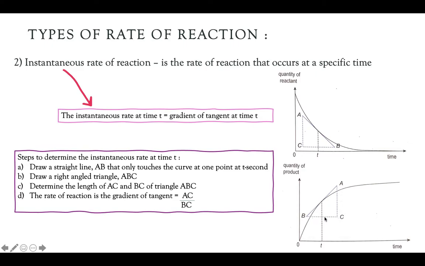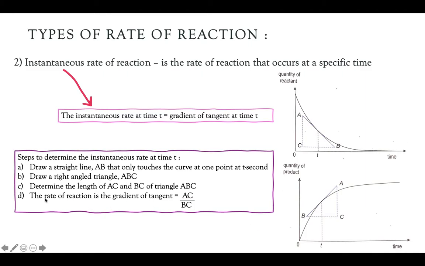So, kita gunakan kaedah determine the coordinate for B and determine the coordinate for A. So, let's say ini adalah X1 and Y1, while this coordinate for A is X2 and Y2. Jadi, kalau kita nak tahu dia punya length, Y2 minus with Y1, while X2 minus with X1, kan?